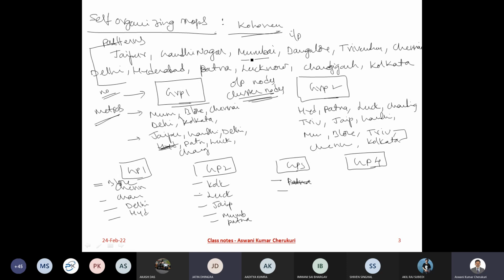When I take Mumbai, based on the rationality, I identify a winner cluster. Imagine the metros are the rationality: group 1 is the metros, group 2 is the non-metros. I take Mumbai and push it to group 1, because for Mumbai, the winner node is group 1.